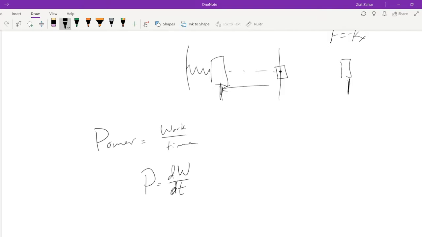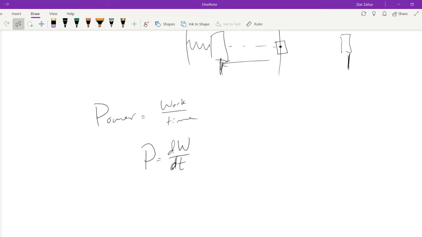Here's instantaneous power. And funnily enough, the units are watts, which is a joule per second.